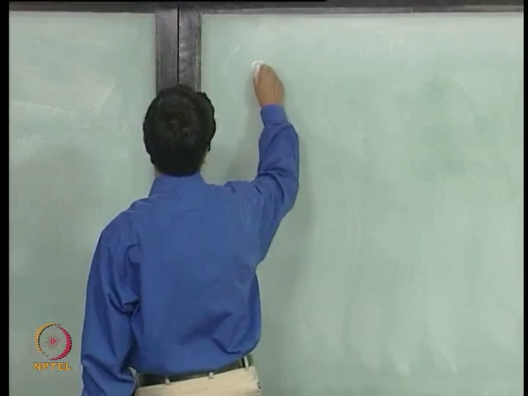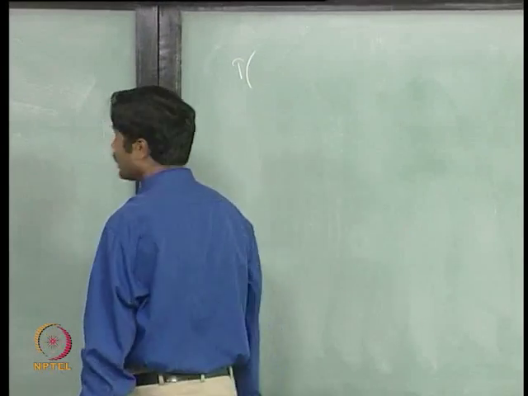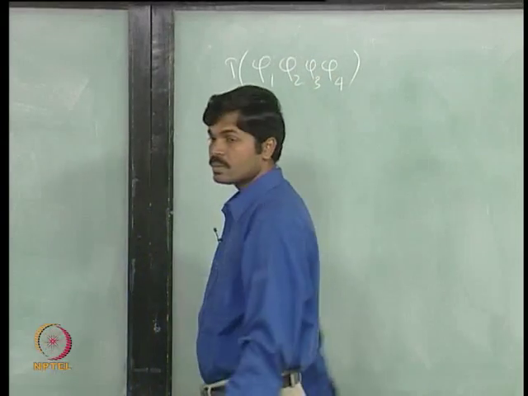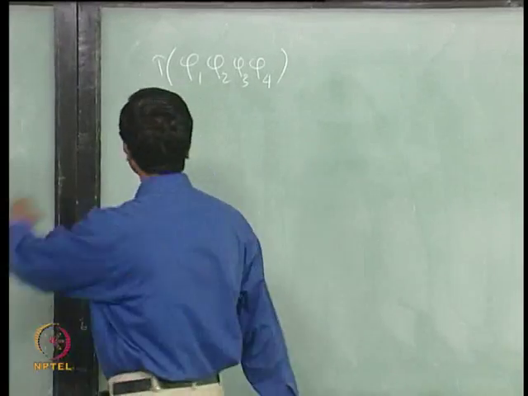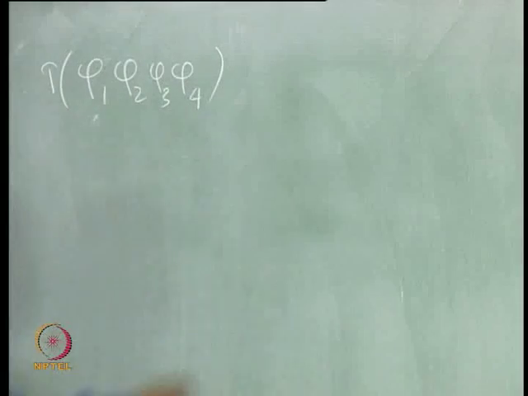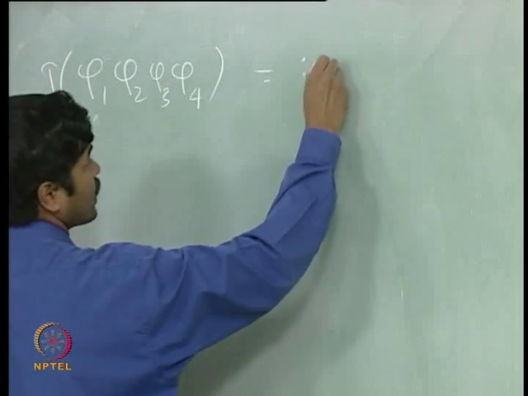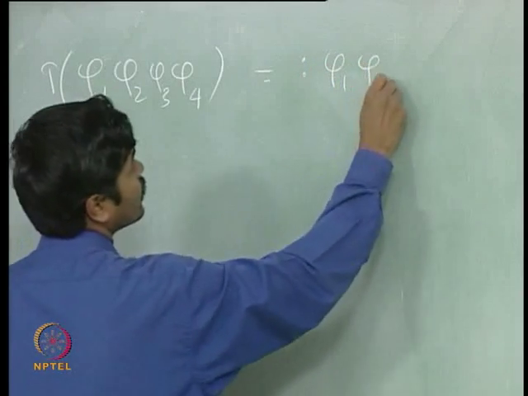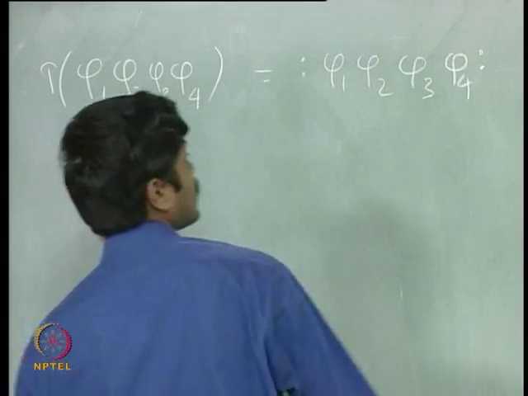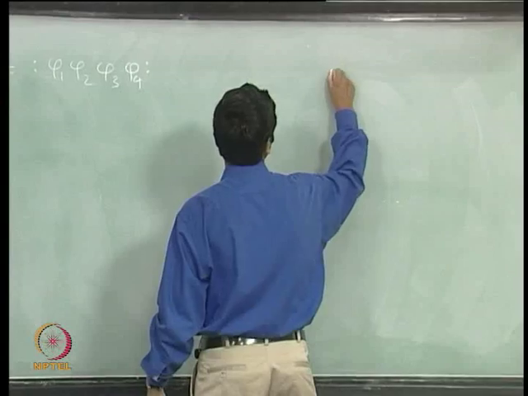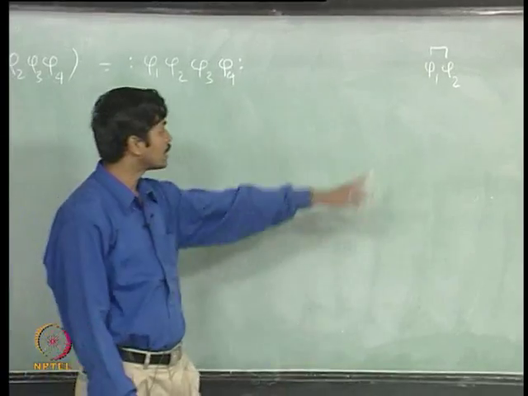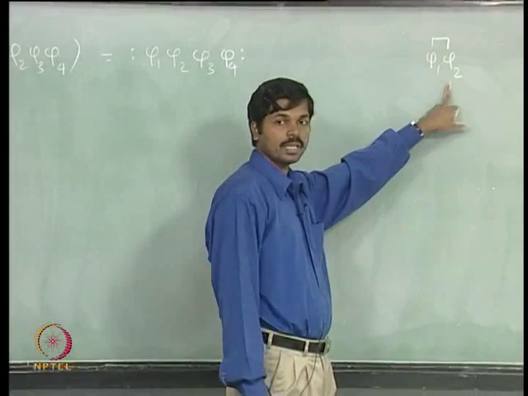You consider, let us say, 4 operators, I will call them phi 1, phi 2, phi 3, phi 4. Phi 1 stands for phi of x 1, phi 2 for phi of x 2 and so on. So, this time order product of operators is equal to the normal order product of the same 4 operators phi 1, phi 2, phi 3, phi 4, and then I introduce something which I will call the contraction of phi 1 and phi 2.